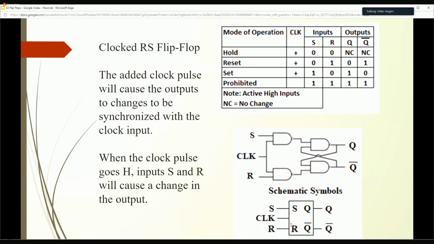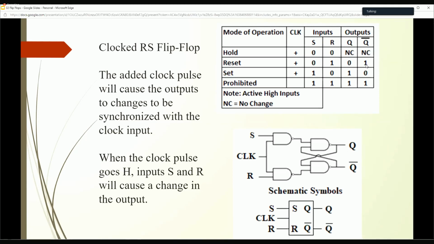If we look at a 0 on S and a 1 on R, that means I've got an active input on reset. The reset is going to send Q to a 0. So if I look at my output, I get Q as a 0, Q naught is a 1.